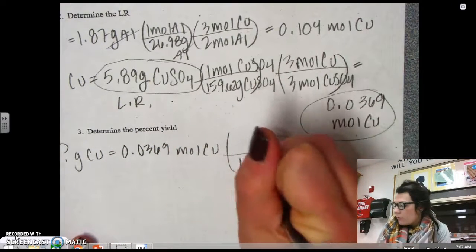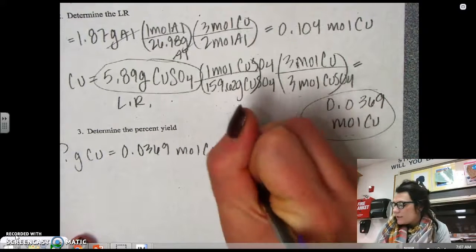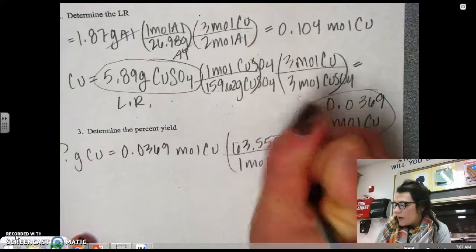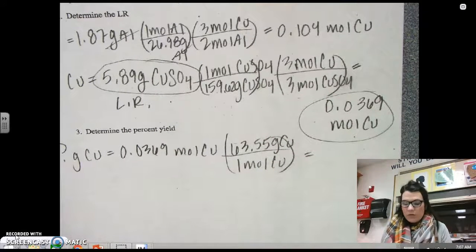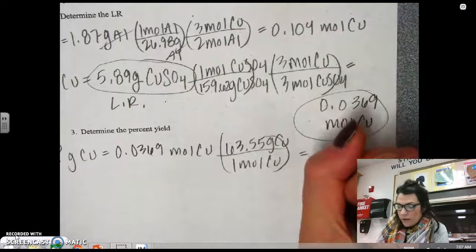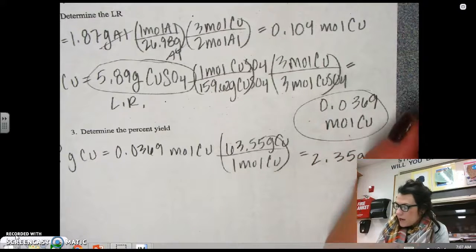And for every 1 mole of copper, it weighs 63.55 grams of copper. So then I can solve how many grams of copper I should be making. And I get, with 3 sig figs, 2.35 grams of copper.